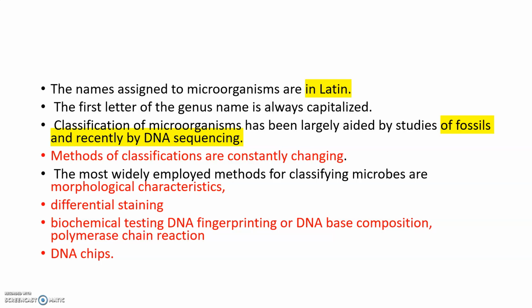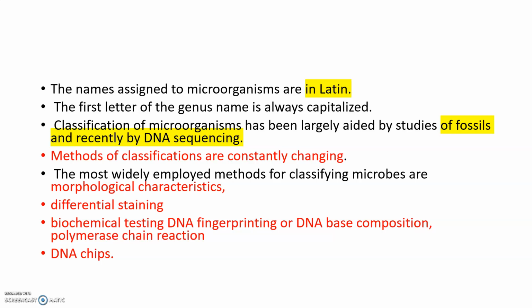The classification of microorganisms has been largely aided by the study of fossils and also by their DNA sequencing. We are classifying each and every microorganism into various groups. Now, methods of classification are always changing.